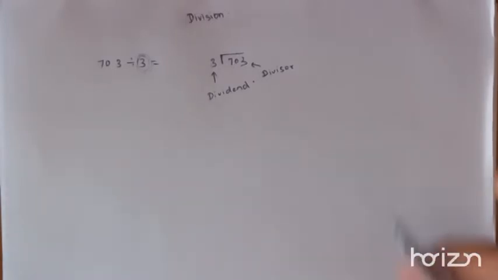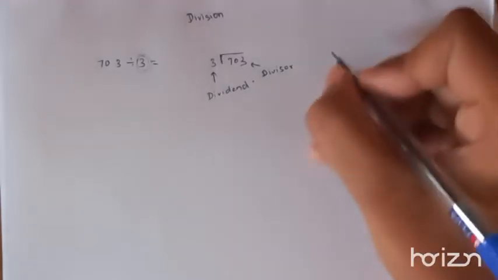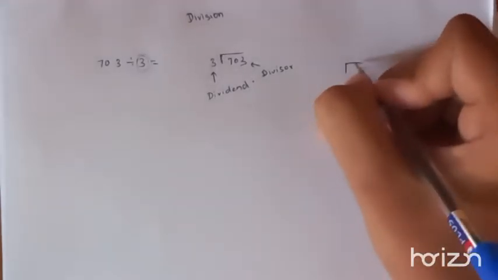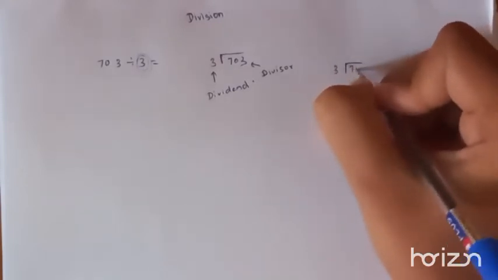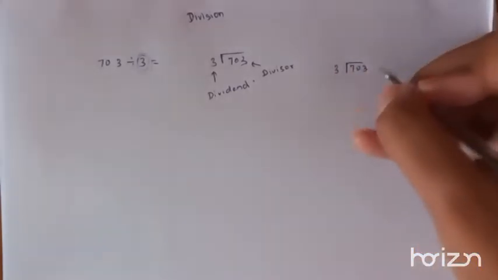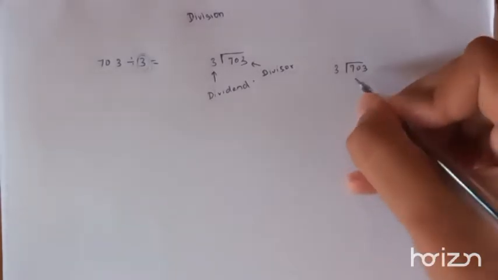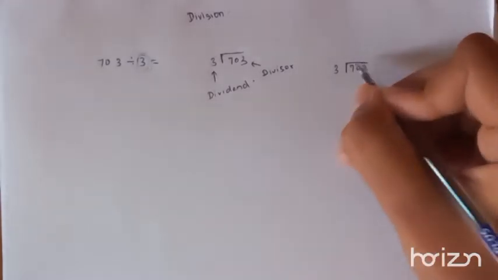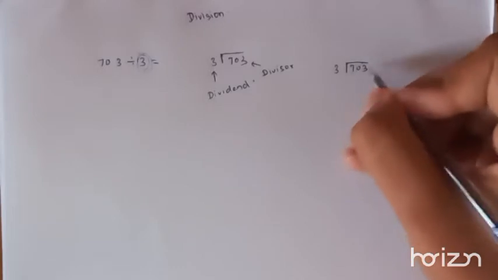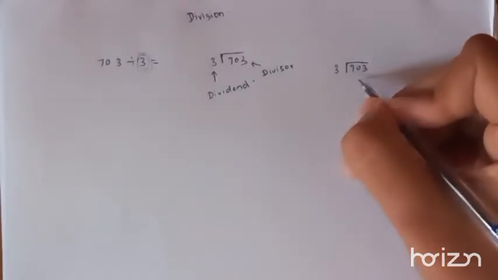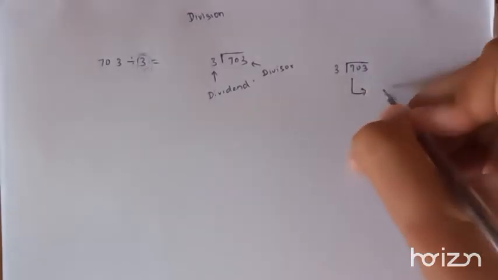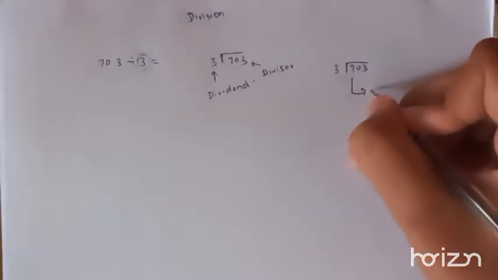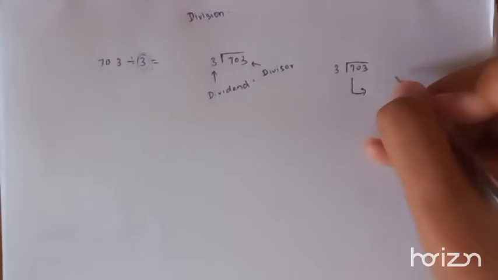So let's take a look at how we can solve this question. I'm going to write the same question again, that is 703 divided by 3. All right. So the first step is to split this number into digits. I'm going to take the first digit, and that is 7, and see how many 3's go into 7.